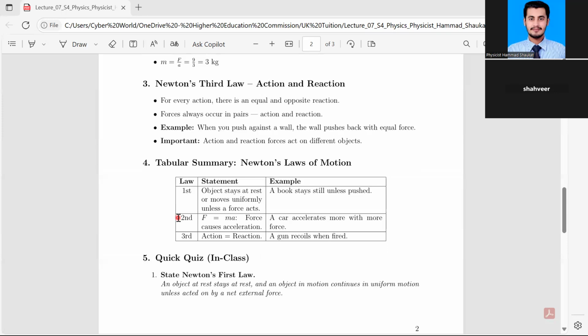The more the mass, the less would be the acceleration. Am I right? Yes. And your acceleration is directly proportional to the applied force. So this tells the Newton's second law of motion, which is F equals ma.